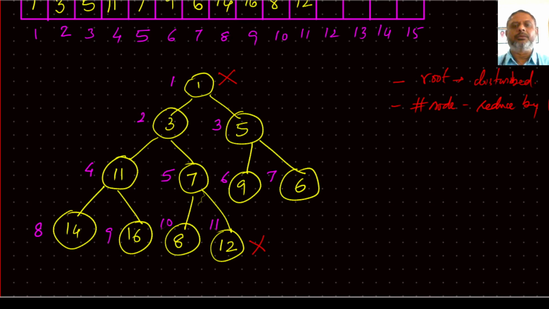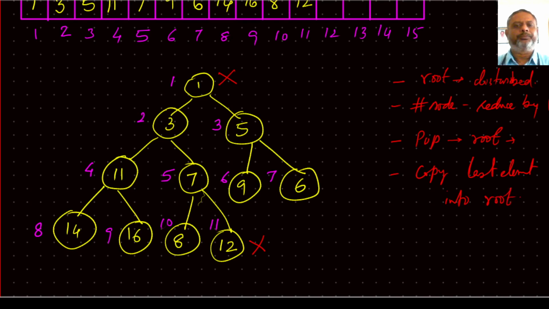So what is the option? The option is to pop the root element, so that you can further use it. And second thing is, copy the last element into the root.